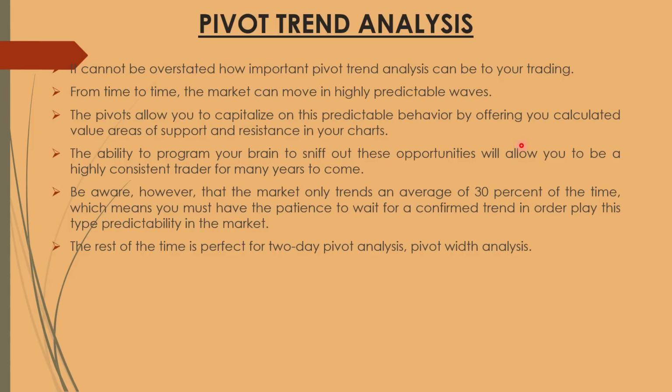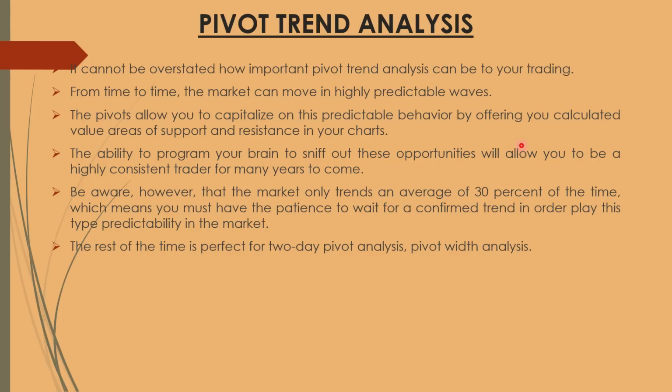From time to time, the market can move in highly predictable waves. The pivots allow you to capitalize on this predictable behavior by offering you calculated value areas of support and resistance in your chart. The ability to program your brain to sniff out these opportunities will allow you to be a highly consistent trader for many years to come.